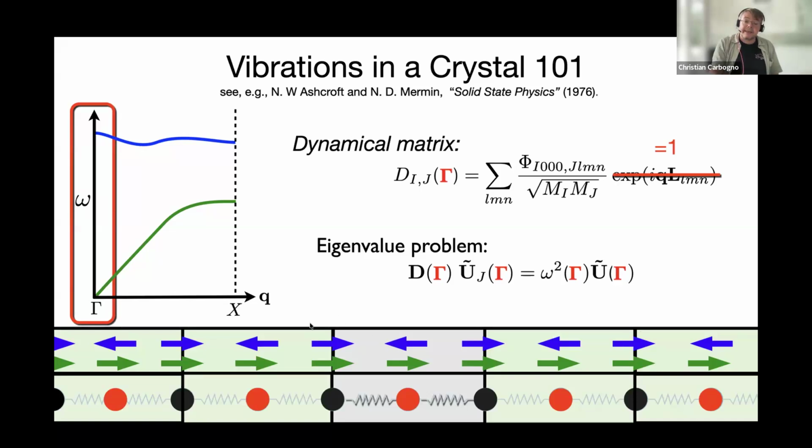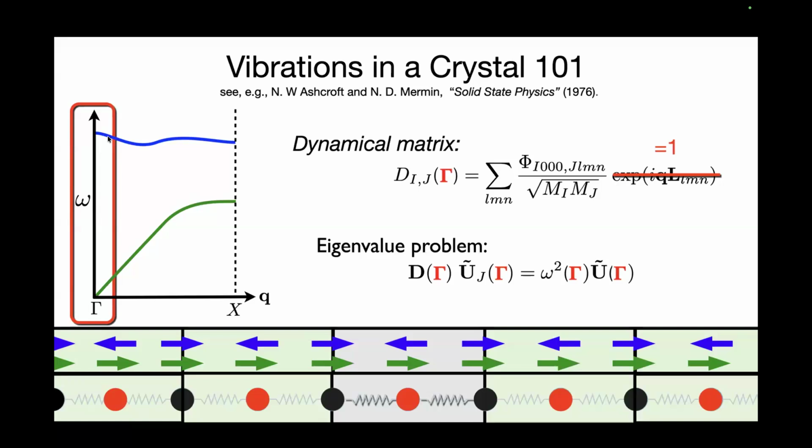And all red atoms in the crystal move in the same direction. But since we have these atoms moving against each other within the unit cell, we get some finite energy for it. Okay? This is what happens at gamma. Is this clear for everybody? If not, feel free to ask and also interrupt Nihat.